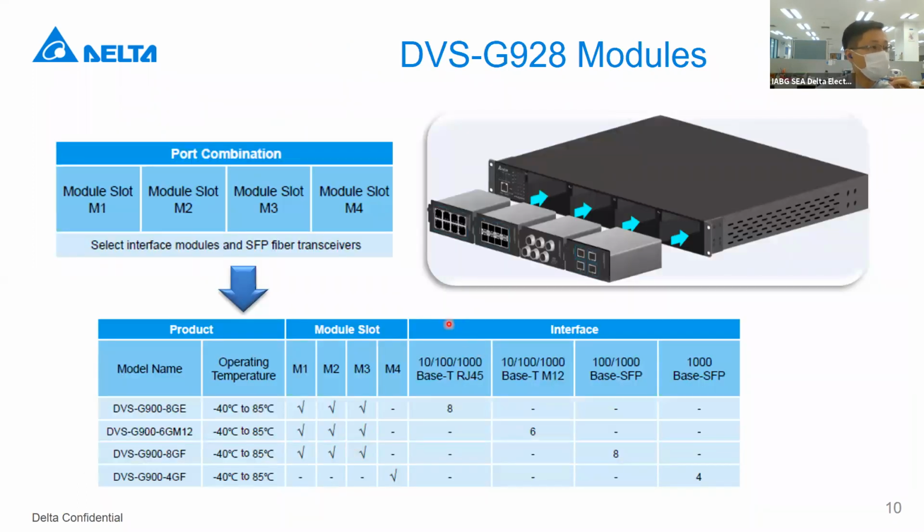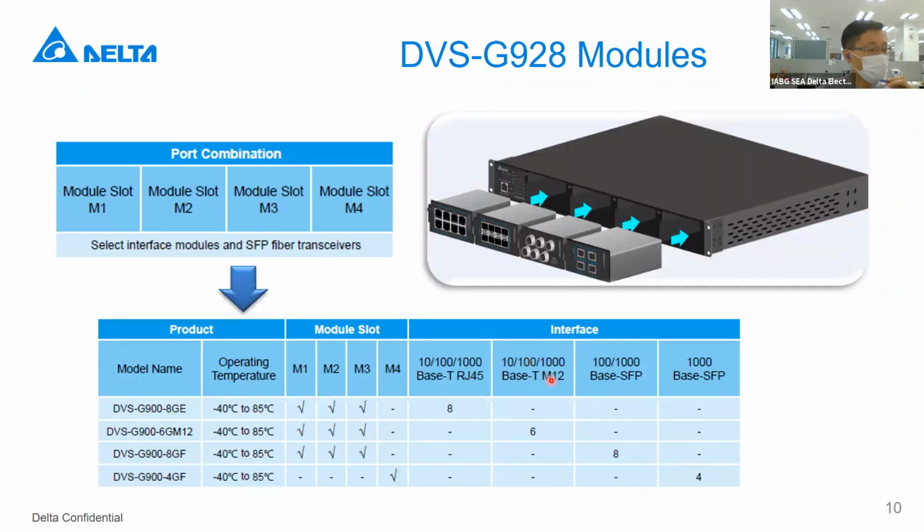And this is the module for your reference. You can see from the frame that we have four slots. Each slot can take a gigabit RJ45 module, and this is an 8-port module.